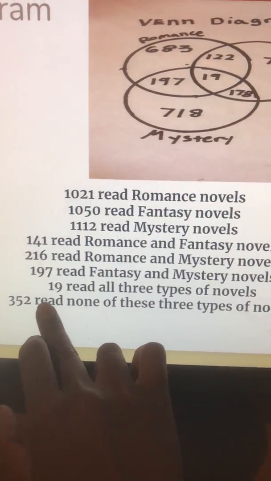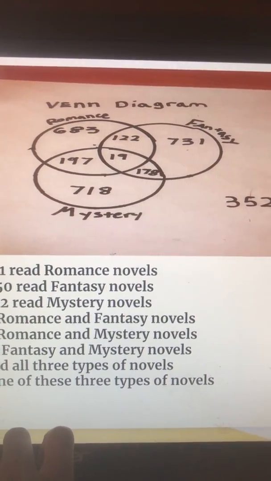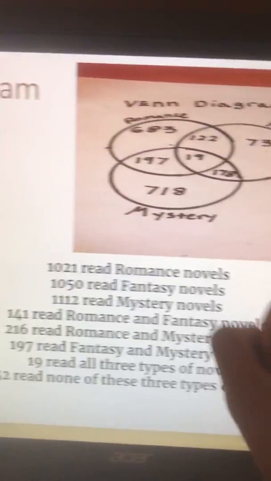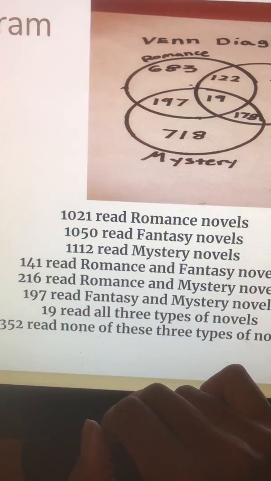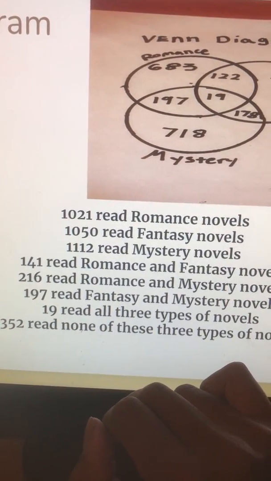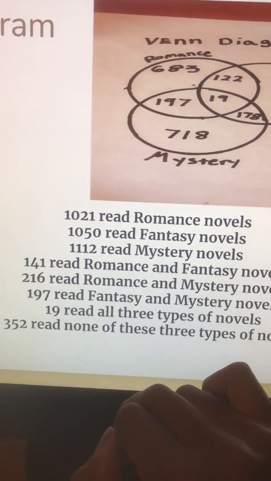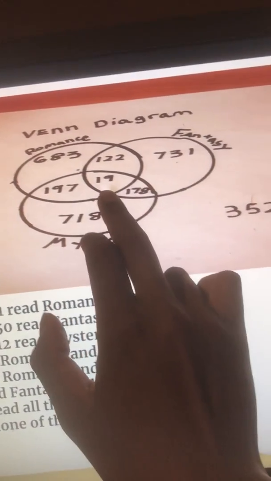What I did to fill in all 3 circles of my Venn diagram was look for the category that had people reading all 3 novels, which was 19, and I put 19 in the middle.